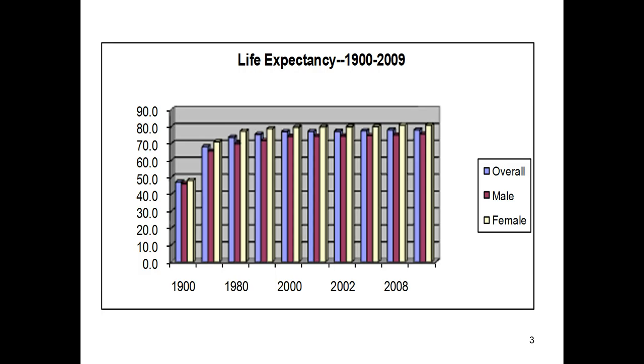In the U.S., we know that our life expectancy has gone up tremendously over the past 100 years, but over the past 30 years it has leveled off a little bit. The reason, I think we've talked about this in class before, is that if you're wealthy and have private health insurance, you tend to live longer.